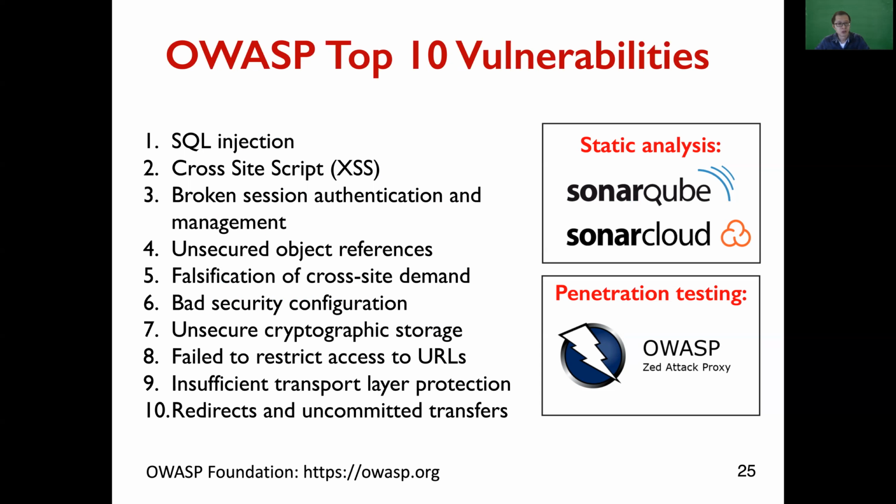You don't need to know all the working mechanisms and all the characteristics of these different vulnerabilities. Also, we covered, and will practice, how to use static analysis and penetration testing to identify the vulnerabilities. Okay, so this is a summary of this lecture.